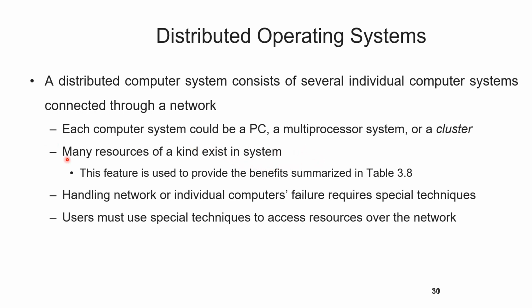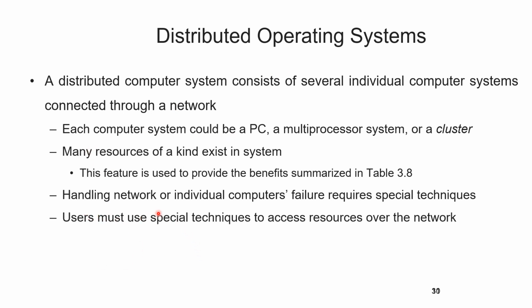When compared to a single system, in a network multiple computers are connected, so multiple resources are available. This feature provides more benefits. We'll tell you what the benefits of distributed operating systems are.